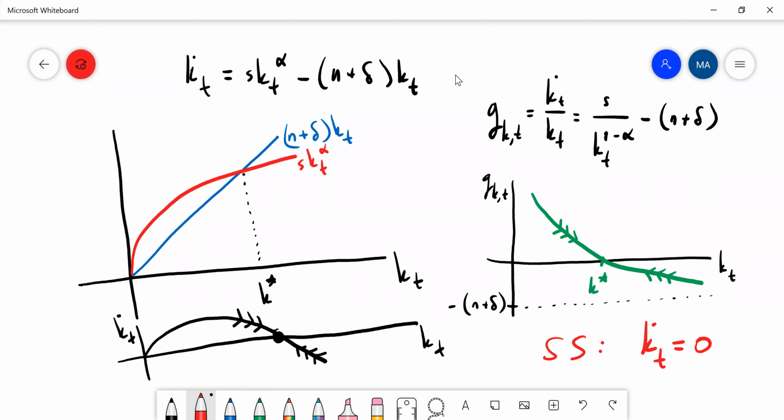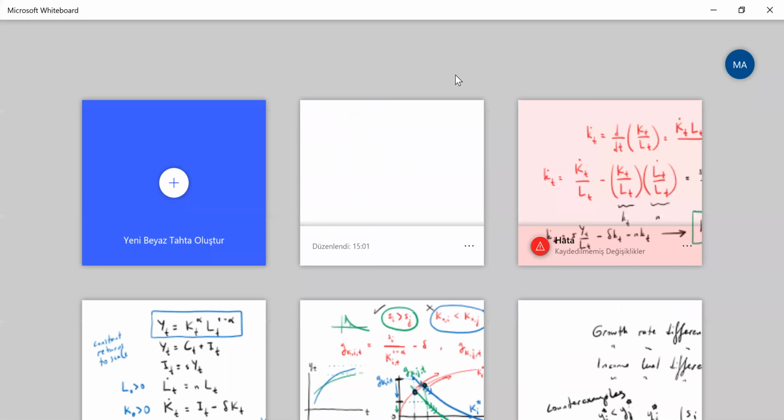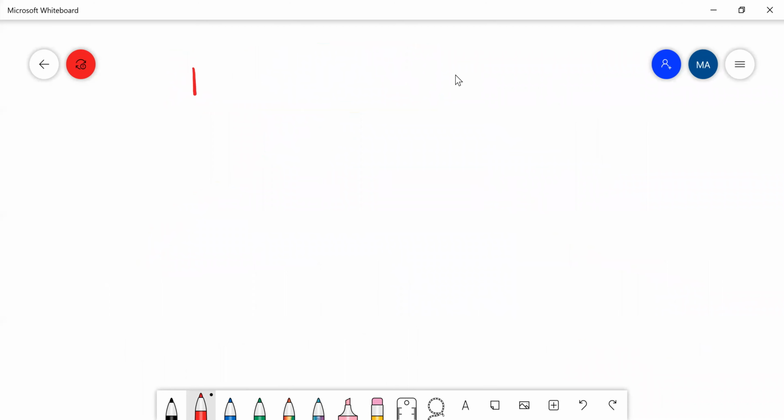That's the reason we derived this fundamental equation. So if there really exists a steady state, what is it equal to? Well, if I impose this, what do I have?